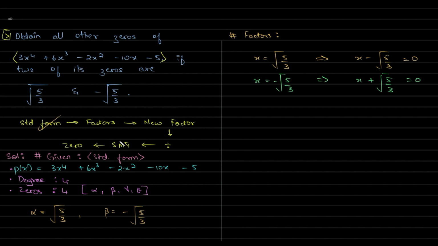Once you find the final answer, I'll show you why this makes sense. Okay, then we'll make a statement. Therefore x minus root 5 by 3 and x plus root of 5 by 3 are zeros of p of x.